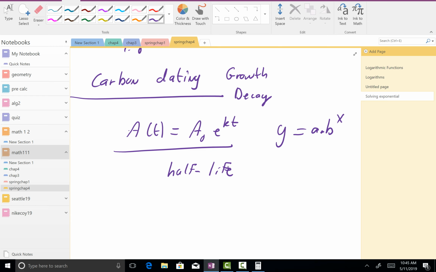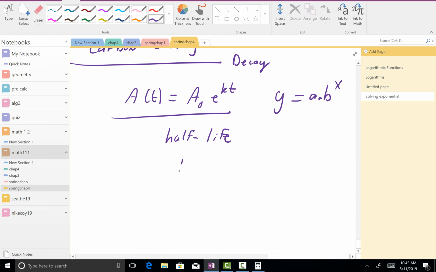But for example, number 3 talks about traces of burned wood in an archaeological dig, and it says they contained 1.67% of the original amount, which isn't much.